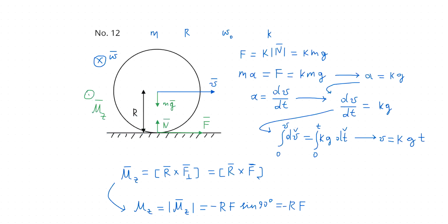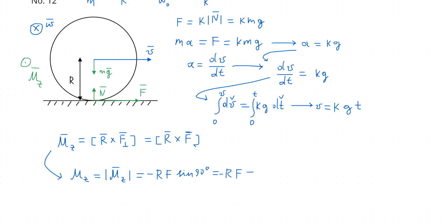Because the direction of the axis and angular velocity is opposite to the torque. The torque is opposite to the angular velocity, so it will be minus kmg R.